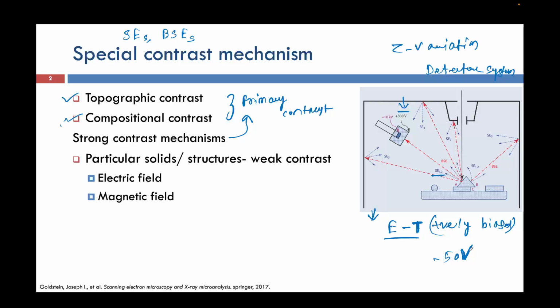So by applying a potential of plus 300, not a very large potential, all these secondary electrons will go to my detector. This is my detector system, and this is my incident beam.